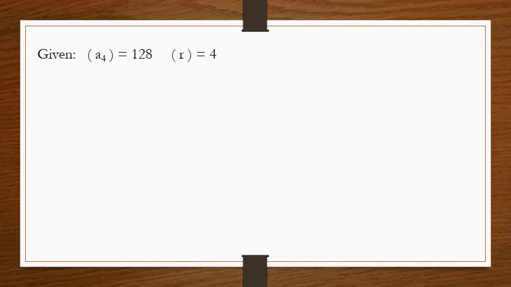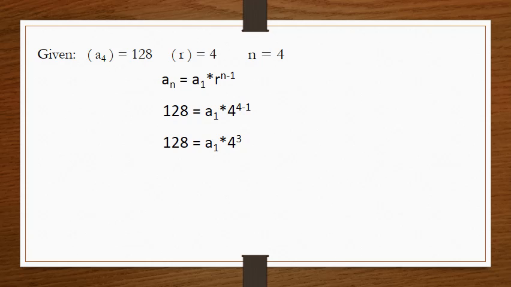So, given the fourth term is 128 and r is equal to 4, and the number of terms is 4. So, substitute natin sa formula. So, a sub 4, which is 128, is equal to a sub 1 times 4, the ratio, raised to 4 minus 1. So, yung 4 minus 1 magiging 3.